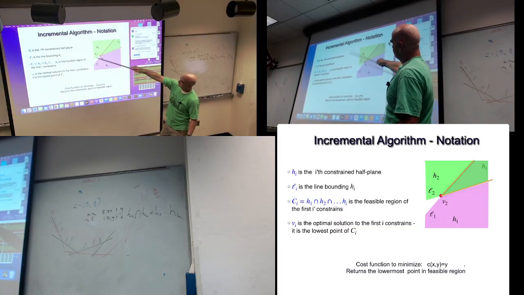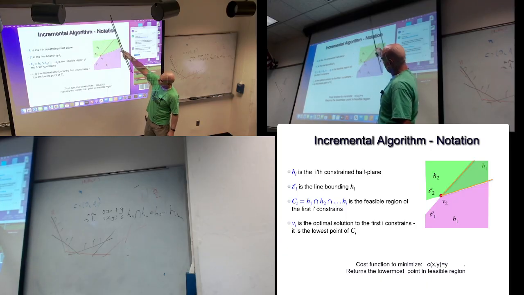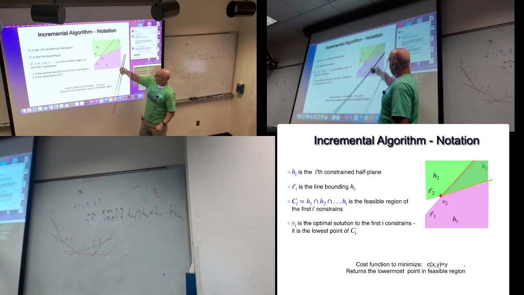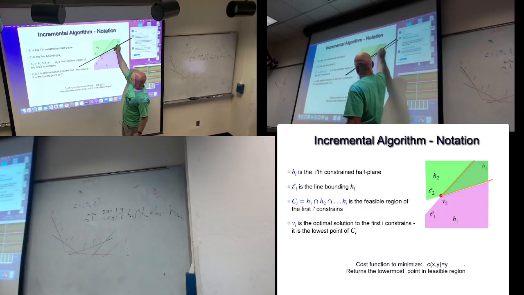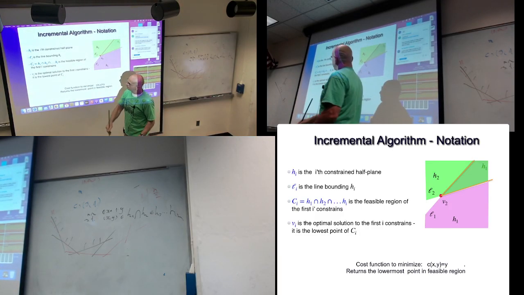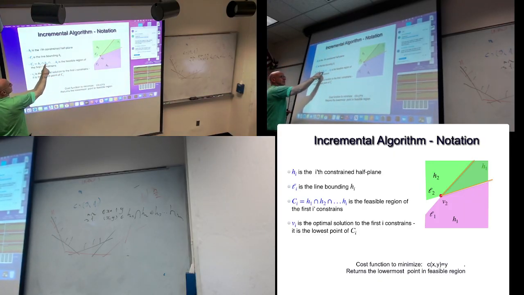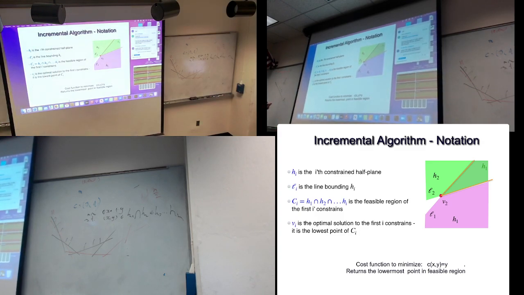Notations. Hi is the ith half plane of constraints. Li is always the line that bounds Hi. New notation: Ci is the intersection of H1 with H2 with all the way up to Hi.